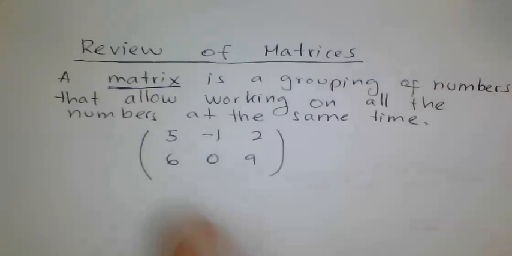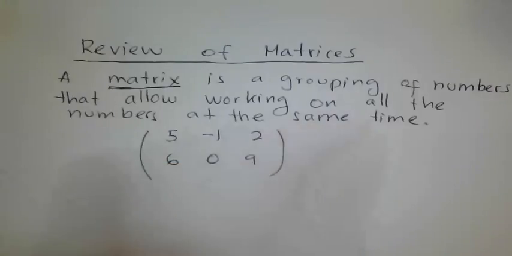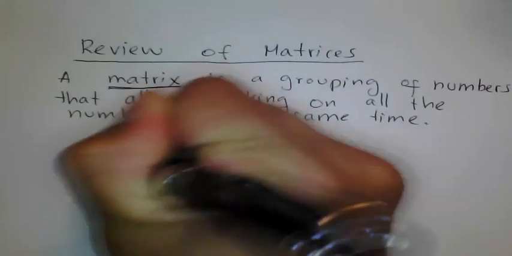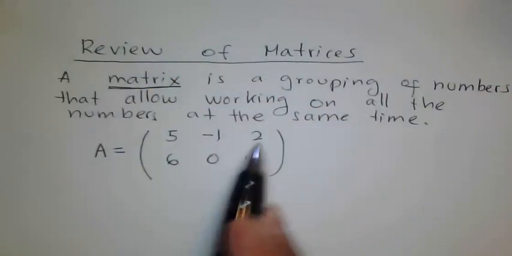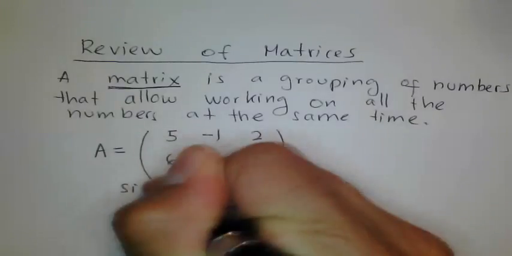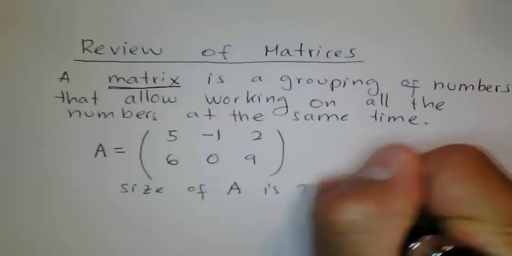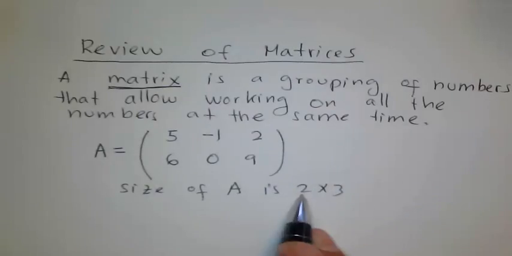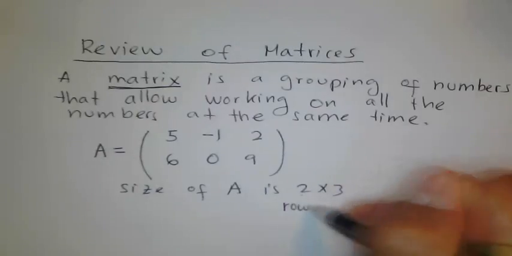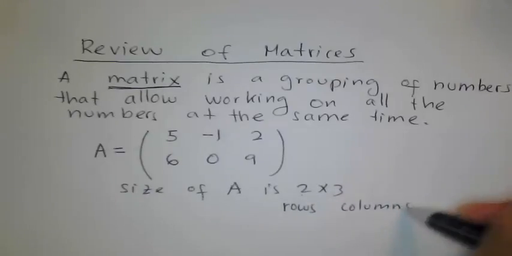So in this case I have 1, 2, 3, 4, 5, 6 numbers, which are all integers, and then I'm grouping those using that structure, and then I say that this is my matrix A. Now with this range of numbers I also have associated a size, so the size of matrix A is 2 by 3. The 2 represents the number of rows and the 3 represents the number of columns in the matrix.